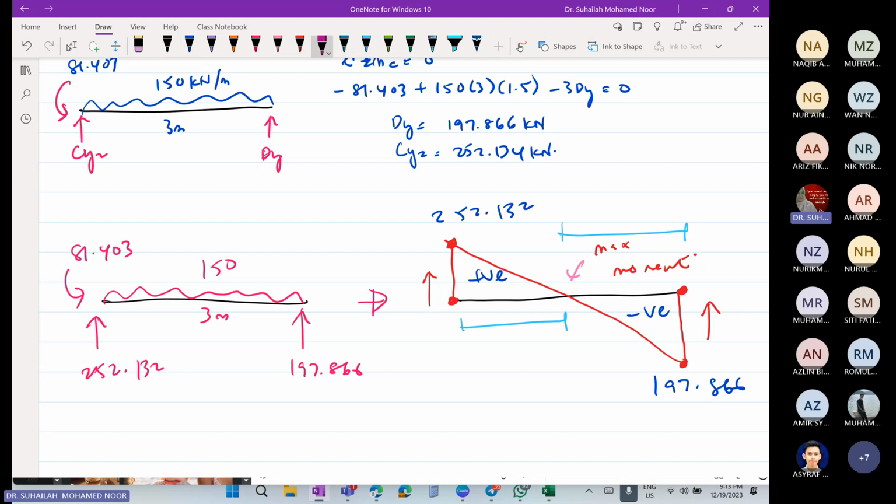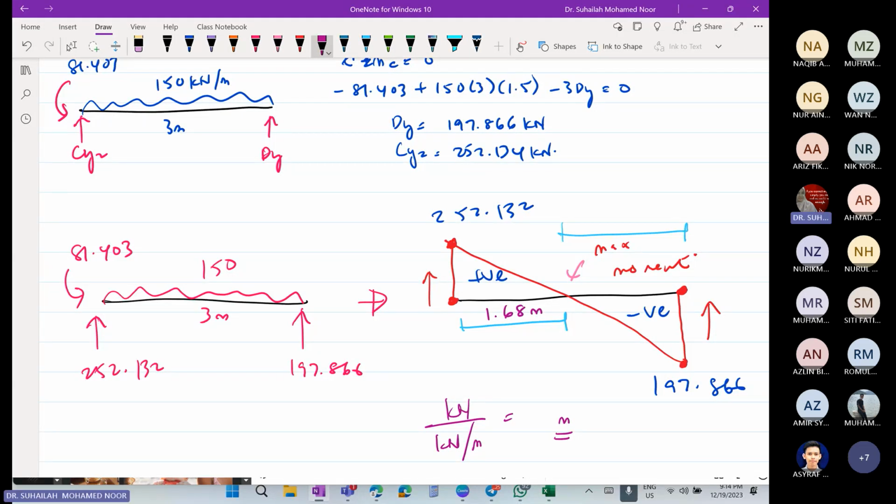It is force divided by W. It is kilonewton divided by kilonewton per meter, so we get meter. The force is 252.134 kilonewton, we divide by W, which is 150. So we get 1.68 meter.